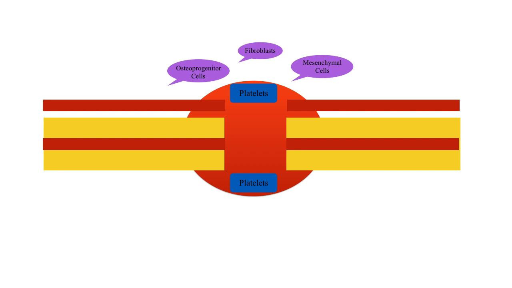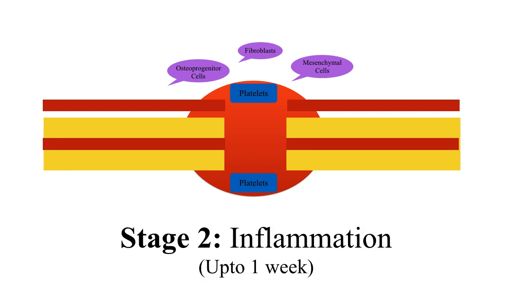The cells which come towards the hematoma because of the influence of these growth factors are the mesenchymal cells, the fibroblasts, and the osteoprogenitor cells. So these three together, along with the hematoma, convert the hematoma into a granulation tissue, and this is the second stage, that is the stage of inflammation, which also gets completed within the first week of fracture.